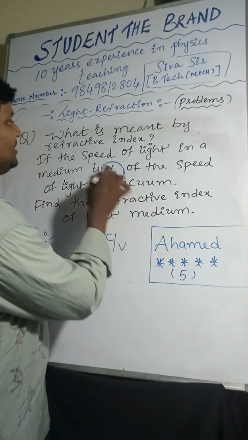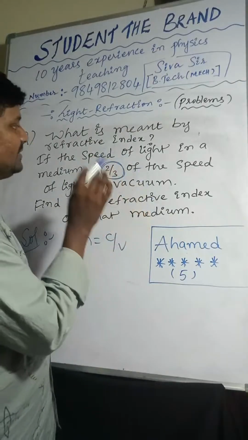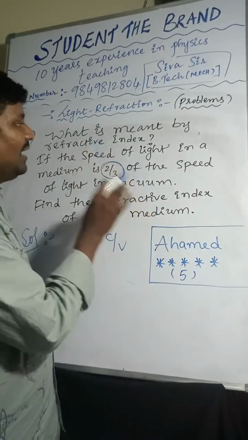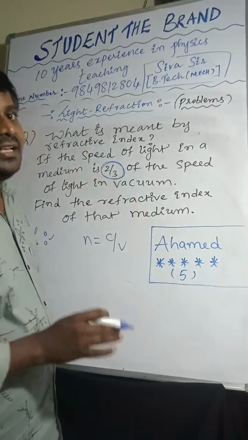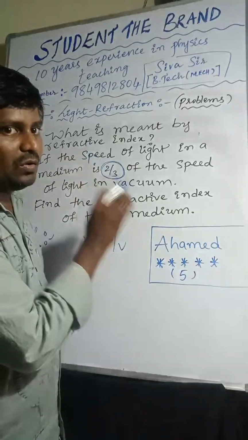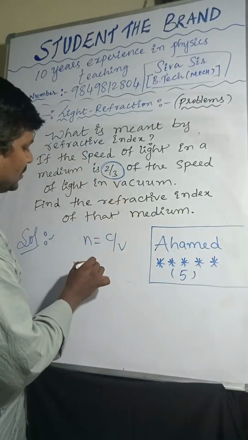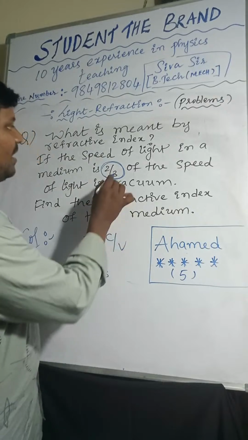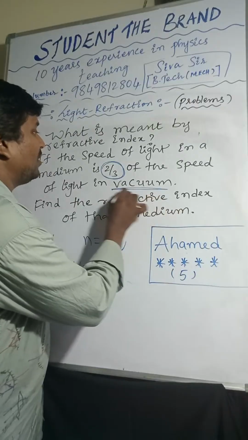So in this question, they have given only one clue. That clue is v equal to 2 by 3 of the speed of light in vacuum.